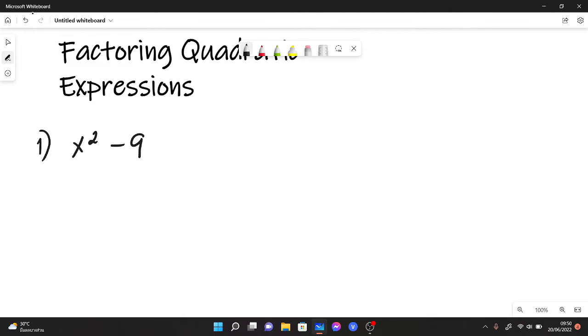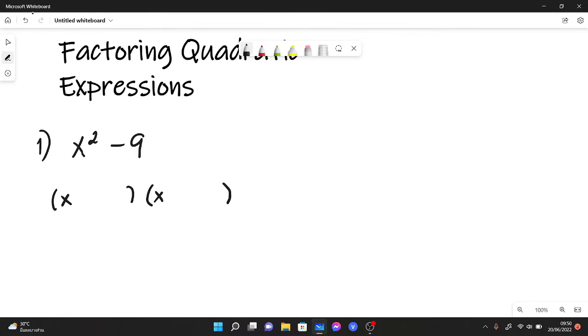And of course we have the constant term. To factor this, we can notice that both of them are perfect square terms. So we have x and then x on the other set of parentheses.